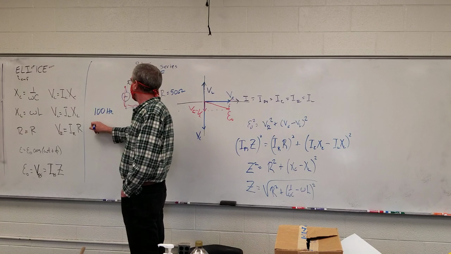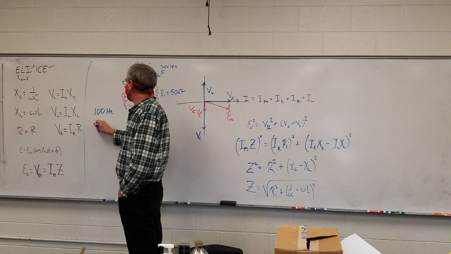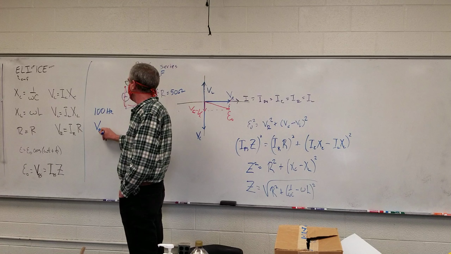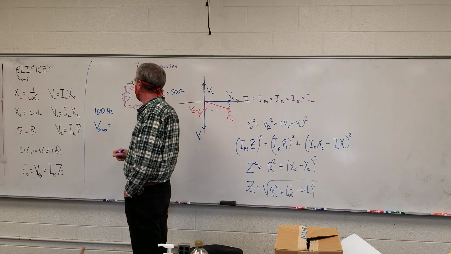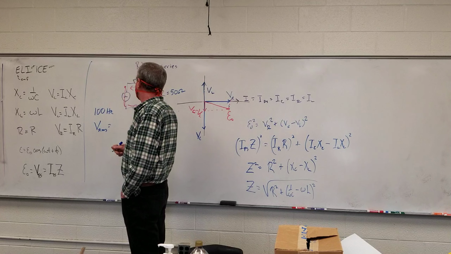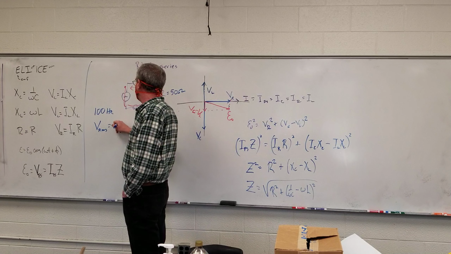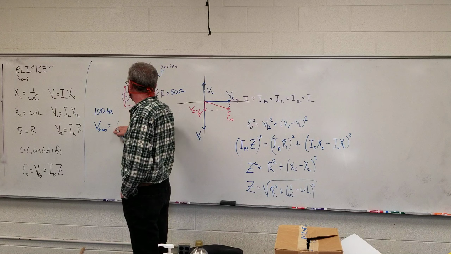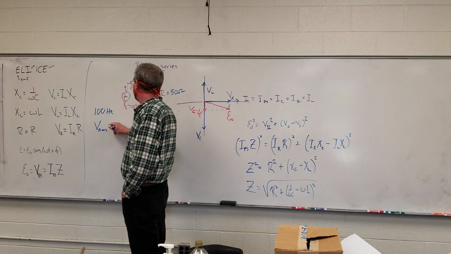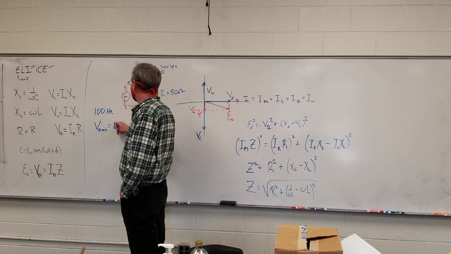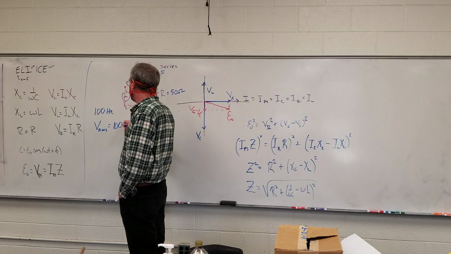And let's say that the RMS value of the voltage for the power supply is, let's make it small. No, I don't want that small. Let's make it 100 volts.